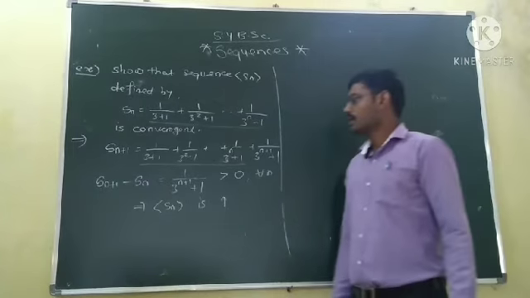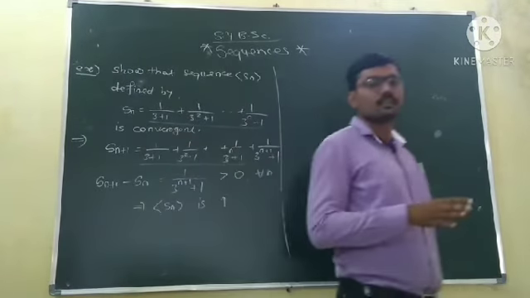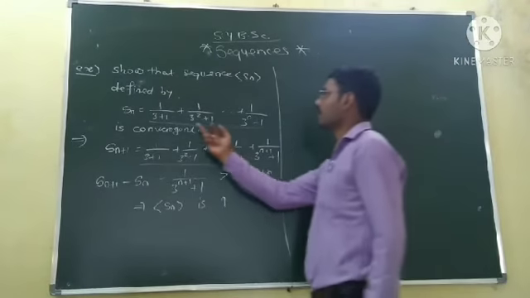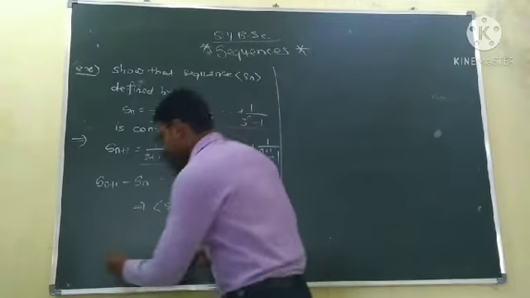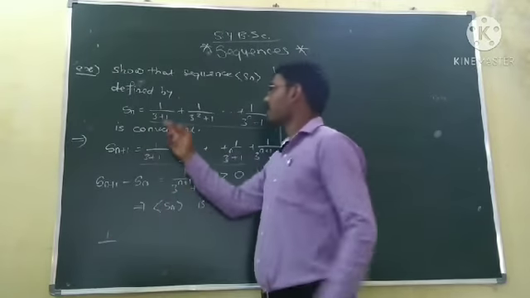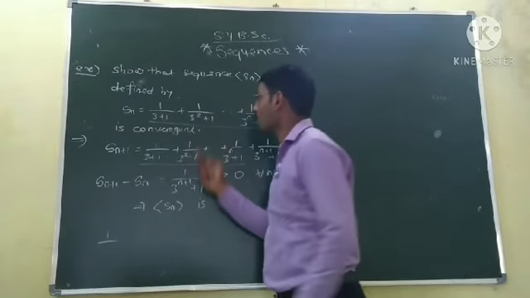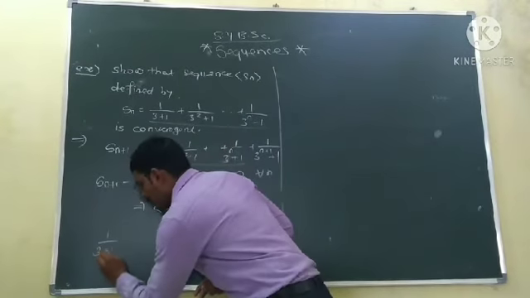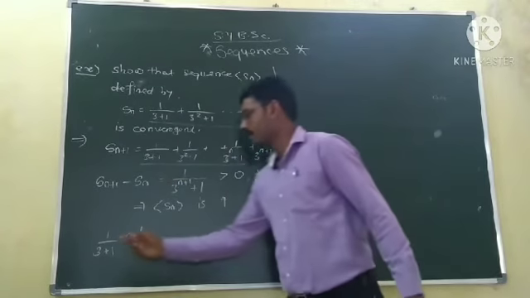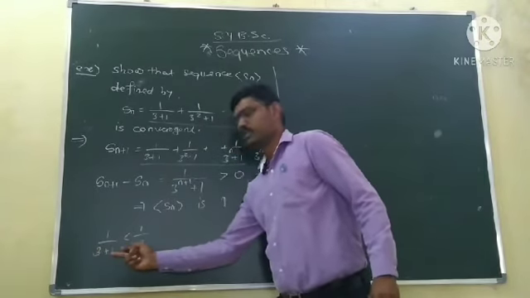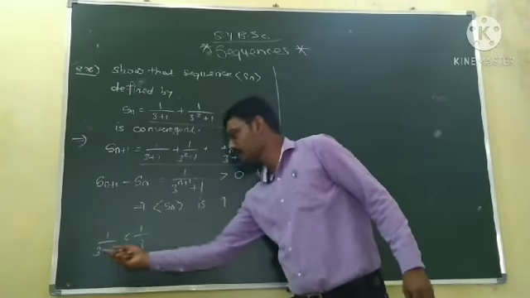Okay, now we have to prove the sequence is bounded. See here, the first term of the sequence is 1 upon 3 plus 1. So the first element of Sn in this summation, 1 upon 3 plus 1, is obviously less than 1 by 3, because here the denominator is 3 plus 1, here the denominator is 3, so the denominator is greater here, so this number is less than this number.